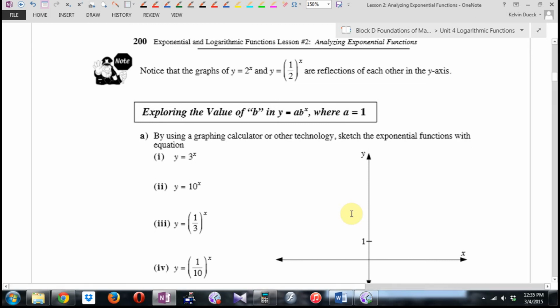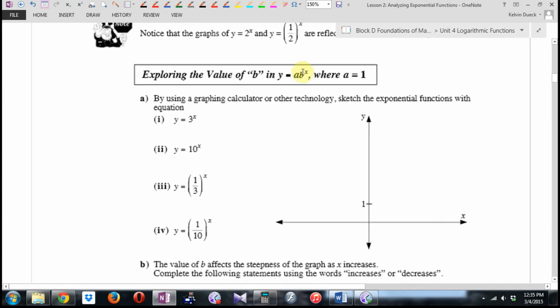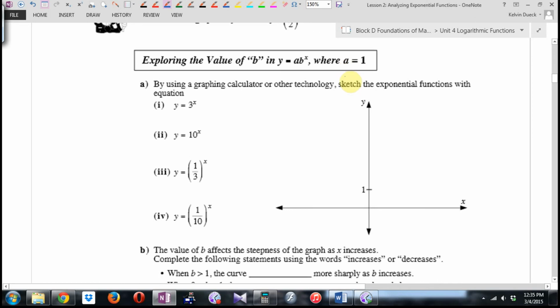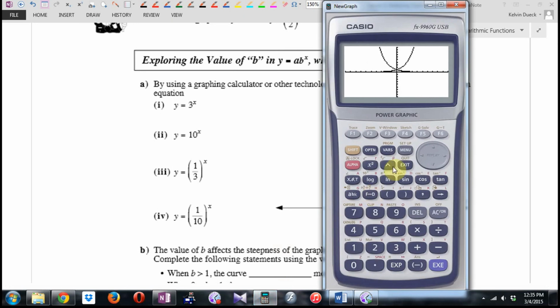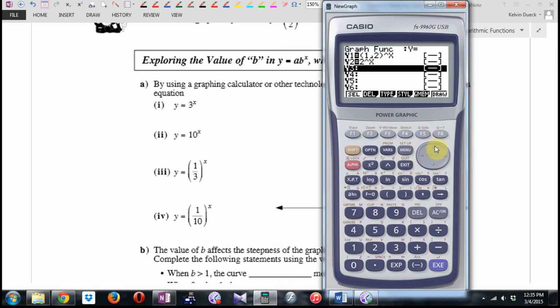Okay, now let's see what happens when I muck around with the base. But I'm still going to have a b of 1. I'm not going to put a coefficient in front of anything. So by using a graphing calculator, hey, which we have, sketch the following. So let's go back to this menu, delete any equations that you have.